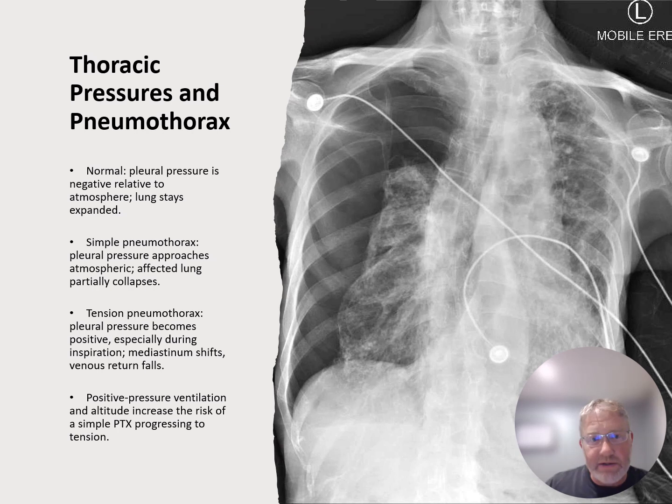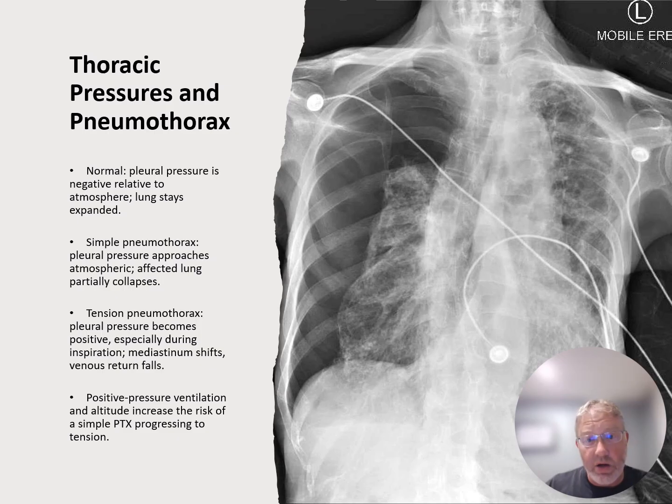This slide ties our earlier thoracic pressure lecture directly to pneumothorax. Under normal conditions, pleural pressure is negative relative to atmosphere, which keeps the lungs expanded. In a simple pneumothorax, air enters the pleural space and pleural pressure rises towards atmospheric.